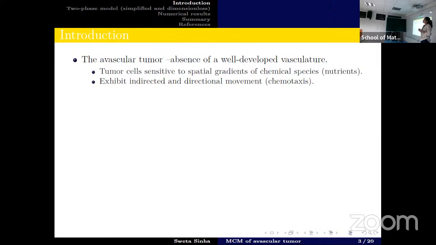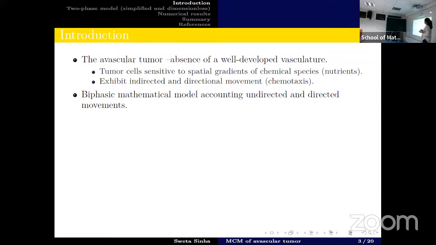Due to lack of nutrient, they will try to migrate either on an indirect basis or in directed motion. So they will exhibit indirect and directional movement. What we are trying to include in our model is this migratory behavior of tumor cells in two-phase media.